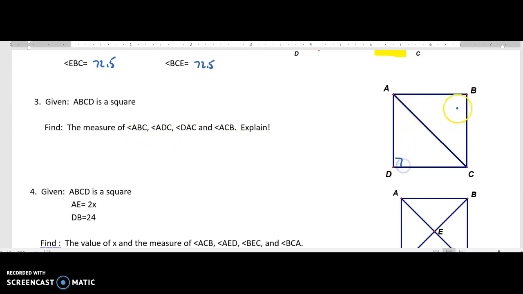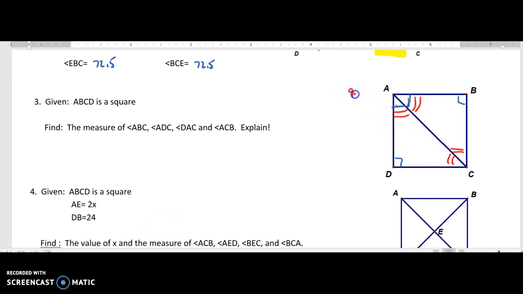Right away we know this angle and this angle are right angles. Now we know this is a right angle, but what you have to understand is if it's 90 degrees, because of the property of a rhombus, diagonals bisect opposite angles. I know those are congruent, and I know these are congruent, which makes all four of them congruent.